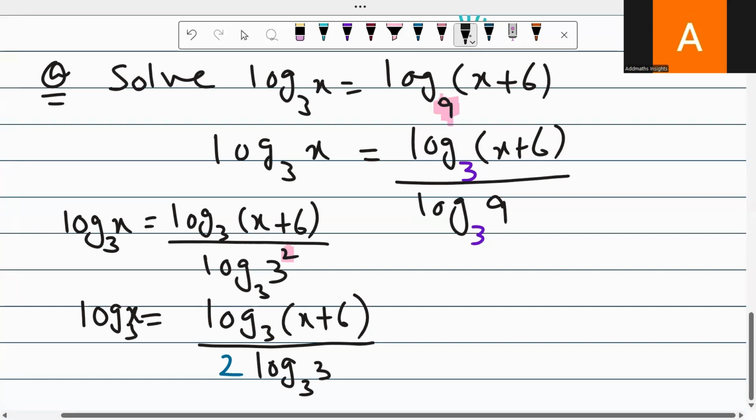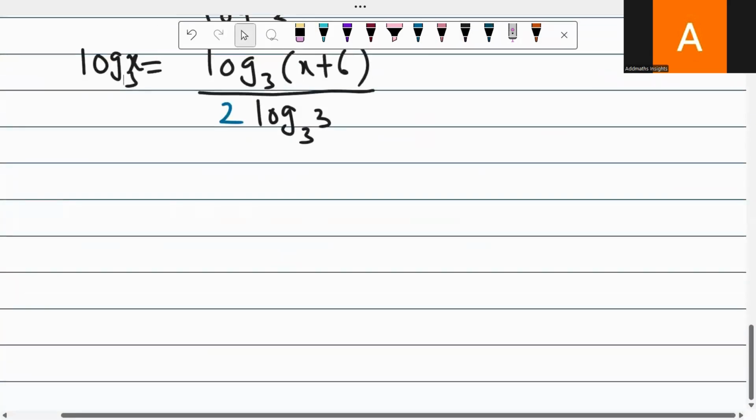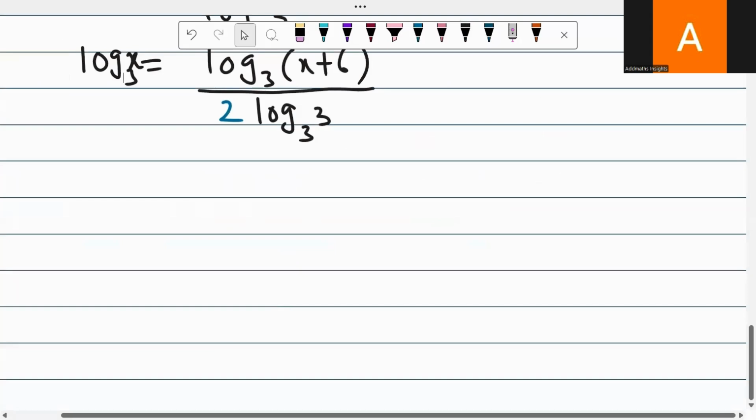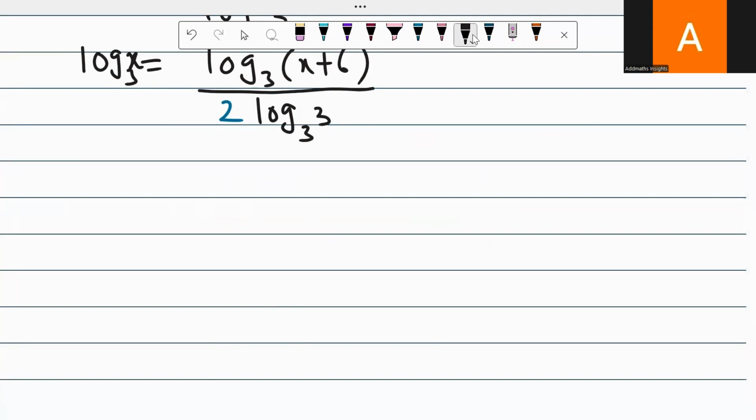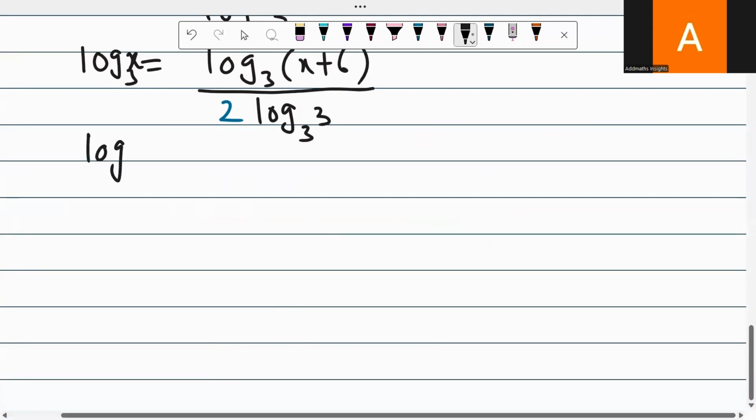So you can write log 3x and cross multiply this 2 is equal to log 3 x plus 6, because this whole expression becomes 1.